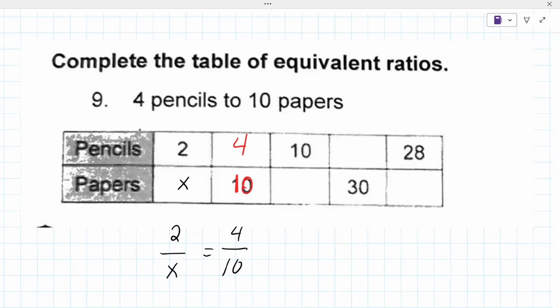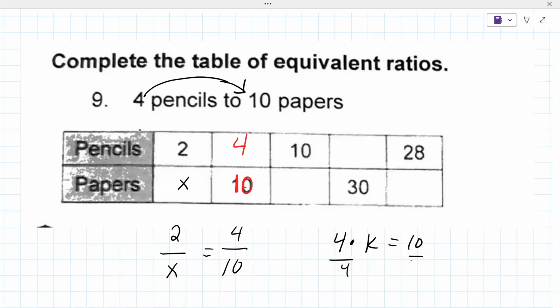You could divide by 2, but it's sort of like this one. Here you're trying to figure out 4 times what number gets you to 10. There's a multiplier.